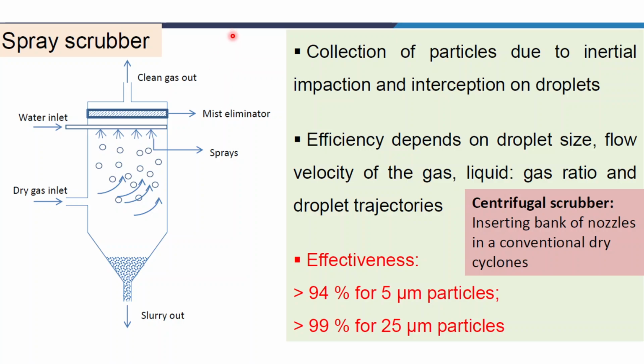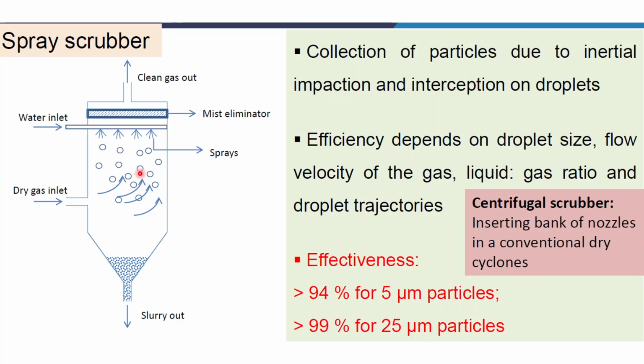Further, coming to the separation of particulate matter, as we know the syngas also consists of some particulate matter. For the removal of particulate matter, different arrangements are made. The first one is the spray scrubber. The dry gas, that is the syngas, is introduced from below, and water is sprayed from above.